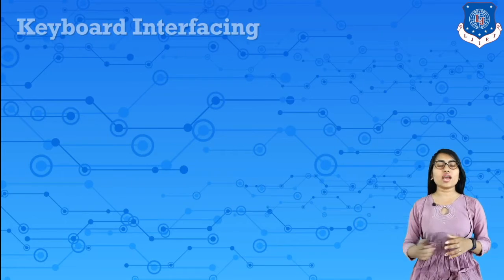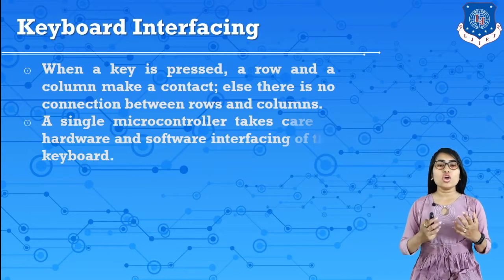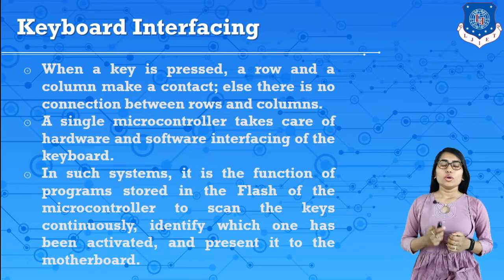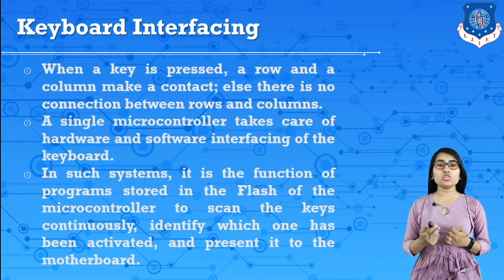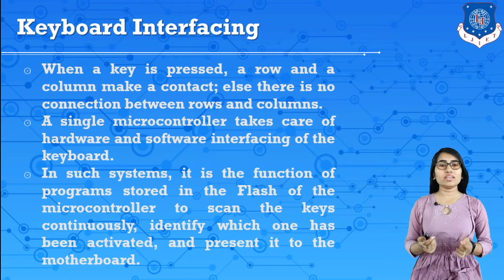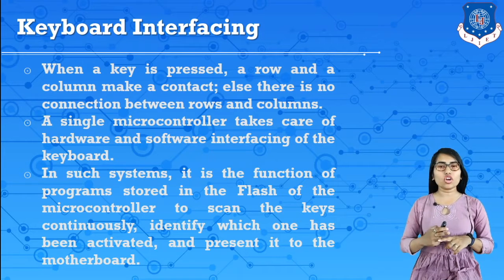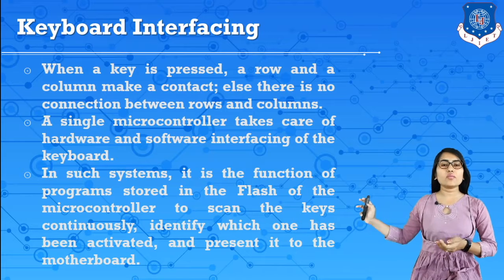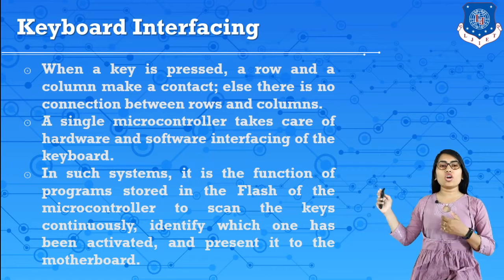So here we have keyboard interfacing. When a key is pressed, a row and a column make contact, else there is no connection between rows and columns. A single microcontroller can take care of the hardware and software interfacing of the keyboard.